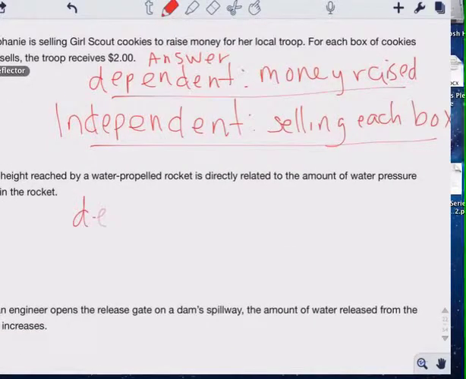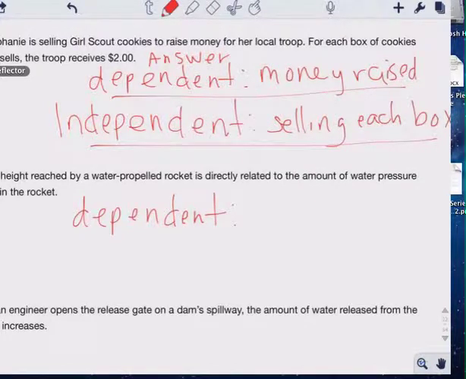What is the dependent? The water propelled, no. Release the gate. That's right. How high the rocket is, is how high it will be, right?